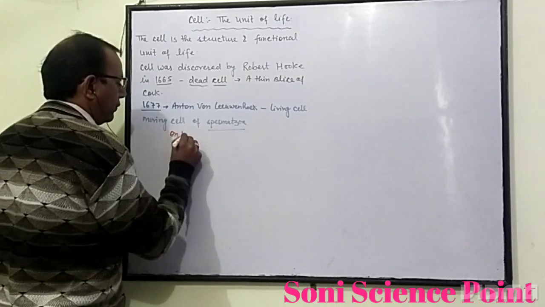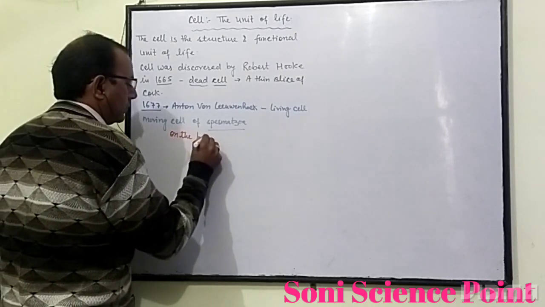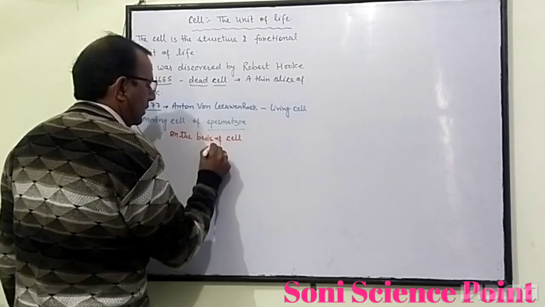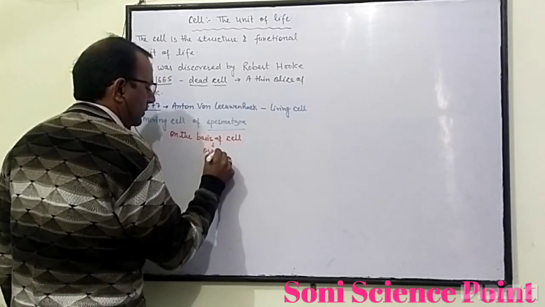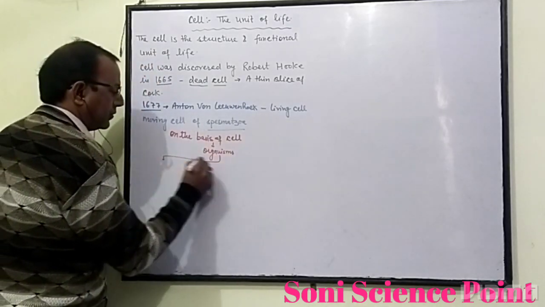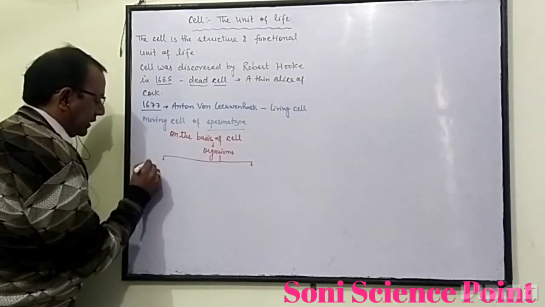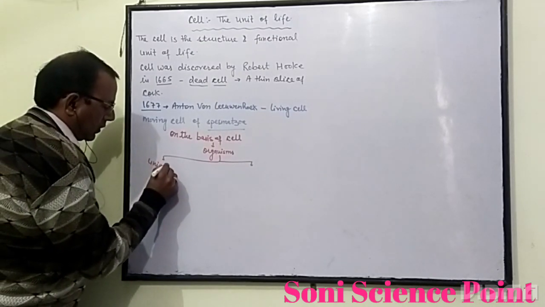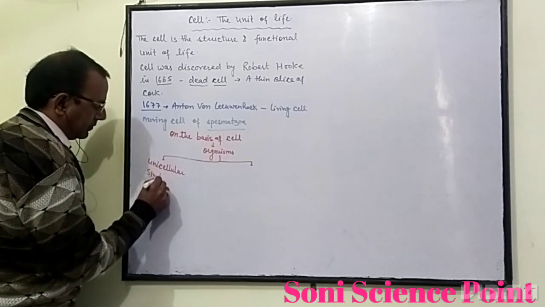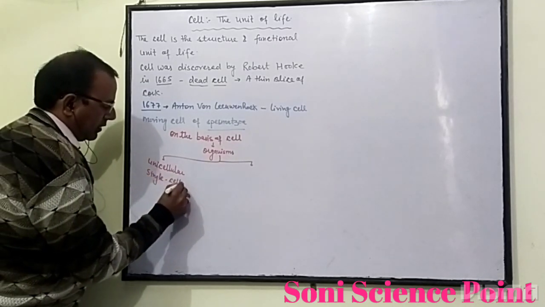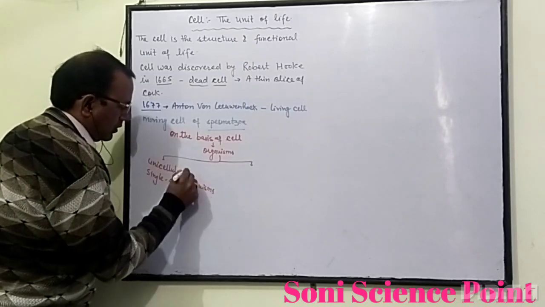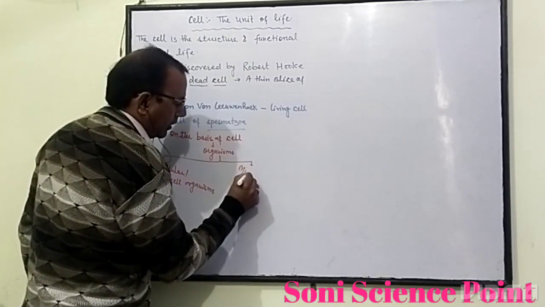On the basis of cell, organisms are of two types: unicellular, also called single celled organisms, or multicellular.